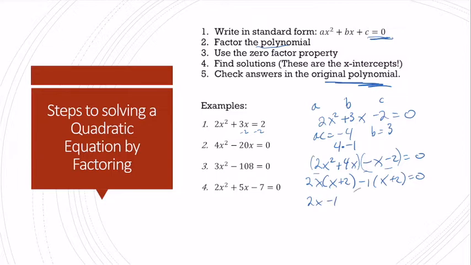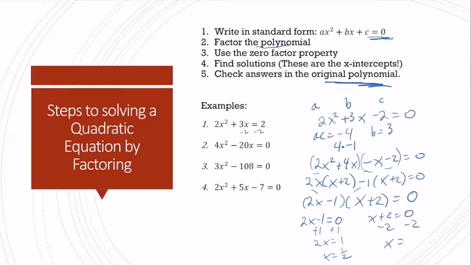I'm going to have 2x minus 1, because I collect my greatest common factors, times x plus 2 equals 0. I'm going to set each of my binomial terms equal to 0 and solve for x. So I have x equals 1/2 and x equals negative 2.